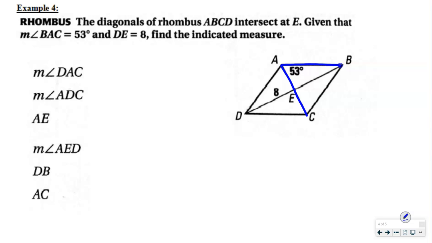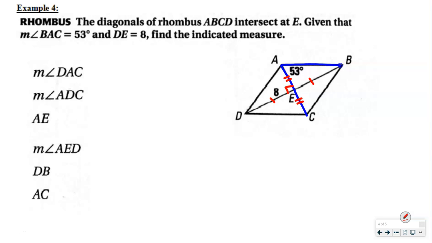Because it's a rhombus, what are the things we know? We know we have 4 congruent sides, we know the diagonals are perpendicular, and we know each diagonal bisects a pair of opposite angles. So I know my diagonals are perpendicular, and I know that they're going to be bisecting each other, so I know that's congruent to that.